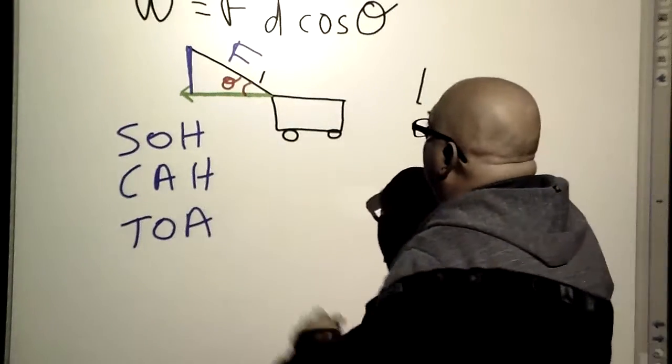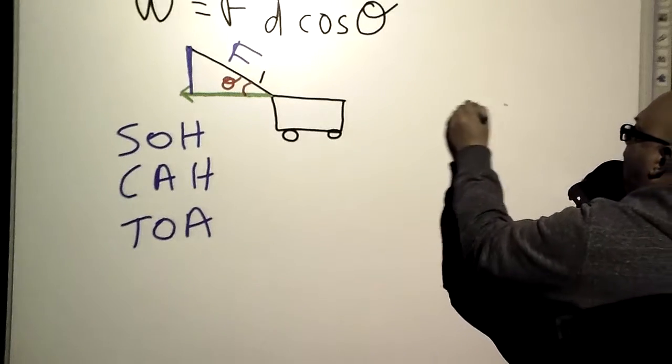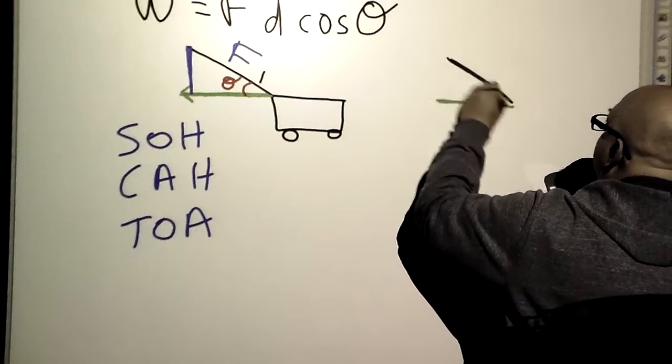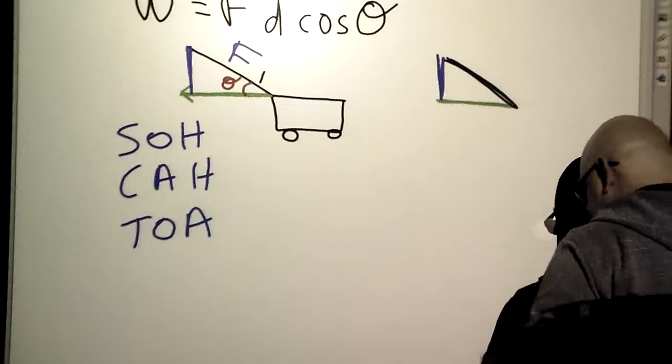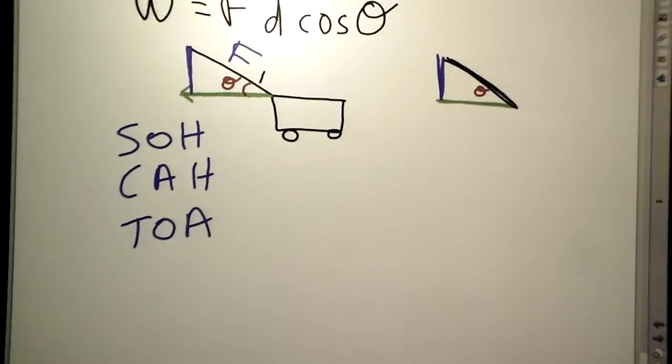Let's move that triangle here where we have our green, we have our black, and we have our blue, just like this, and we have our theta there.